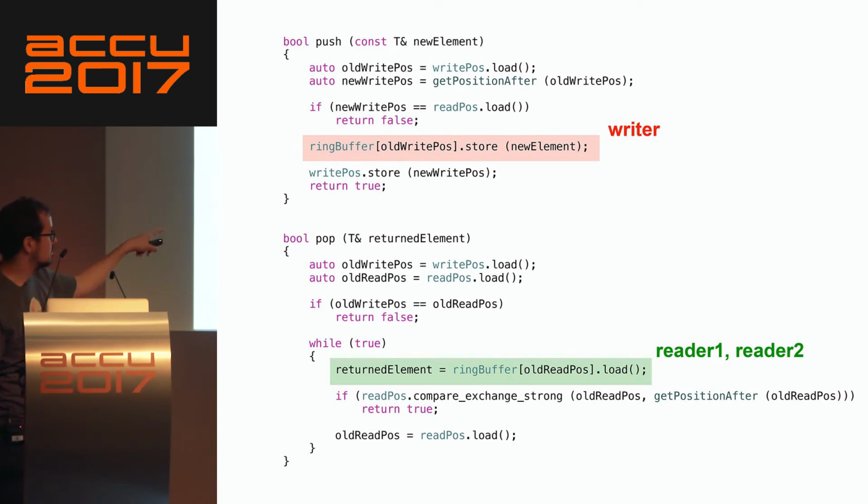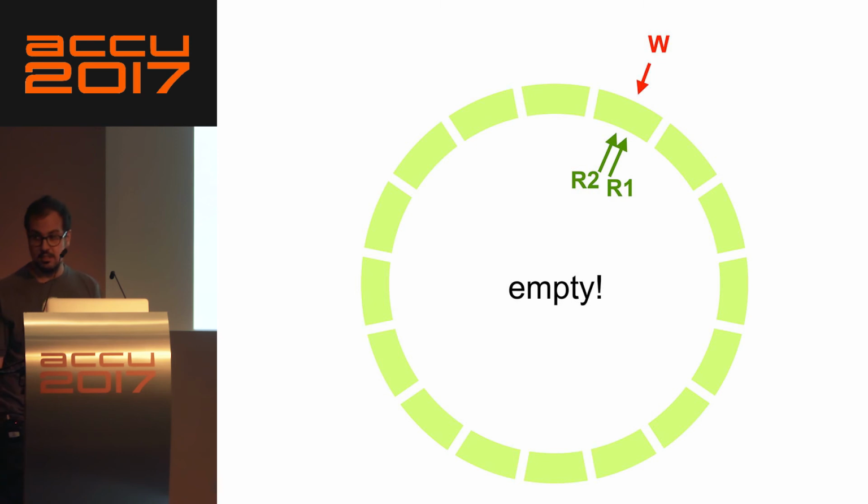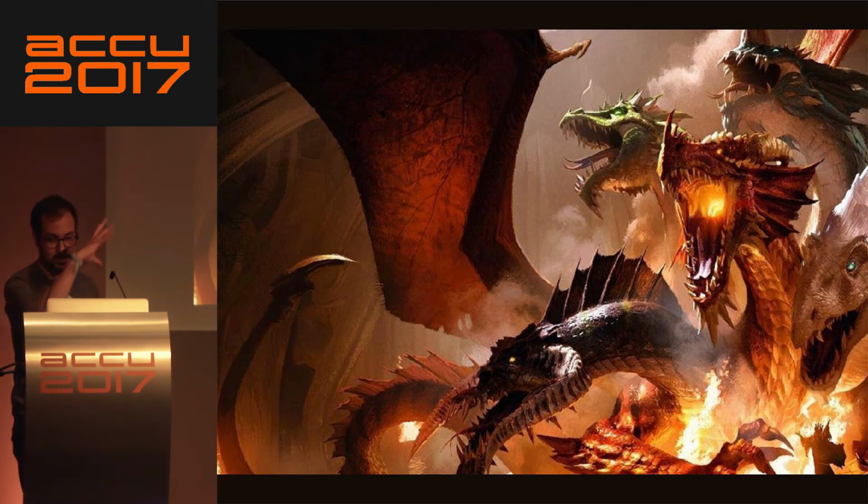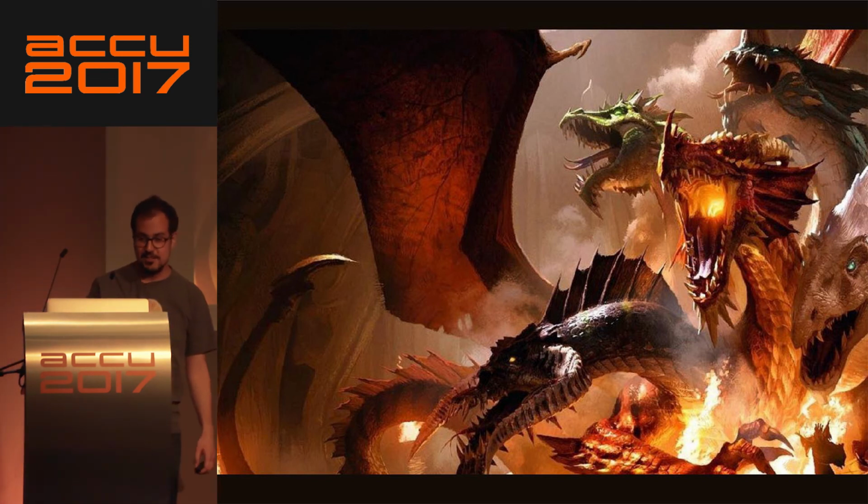And what happens is it's going to read it, it's going to realize that the other reader was faster, and it's going to load the new read position and try again. But the problem is that the queue is now empty, and there's nothing to read. But it's going to just keep trying to do it, even though there's nothing to read. And that's the other race condition here, which means that our dragon just grew like a new head, and we need to deal with that.